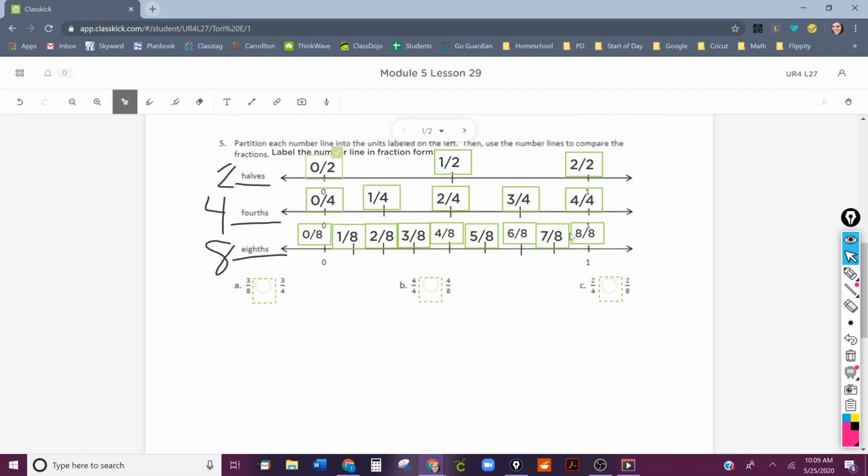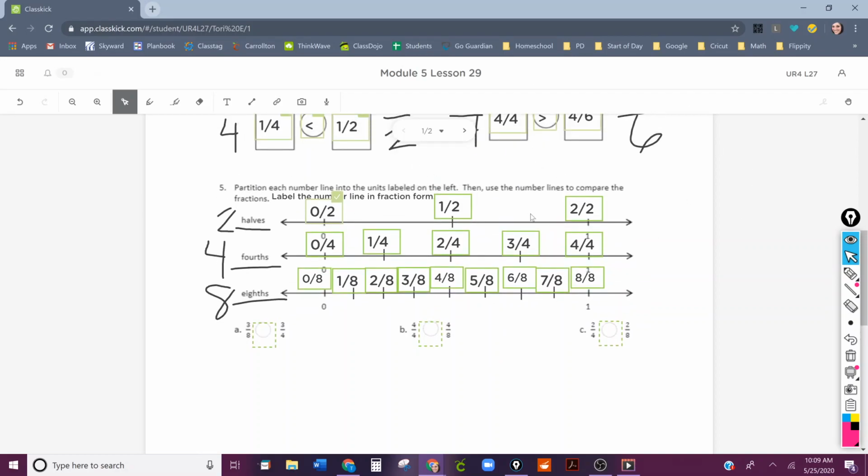What we need to do is use this work that we've created up here to compare these fractions down here. So this one is 3 eighths and 3 fourths. Okay, I'm going to change my color. 3 eighths is here. Okay, now I need to find 3 fourths, which is here. Well, which one is farther? The 3 fourths is farther, so we know that's the bigger one.